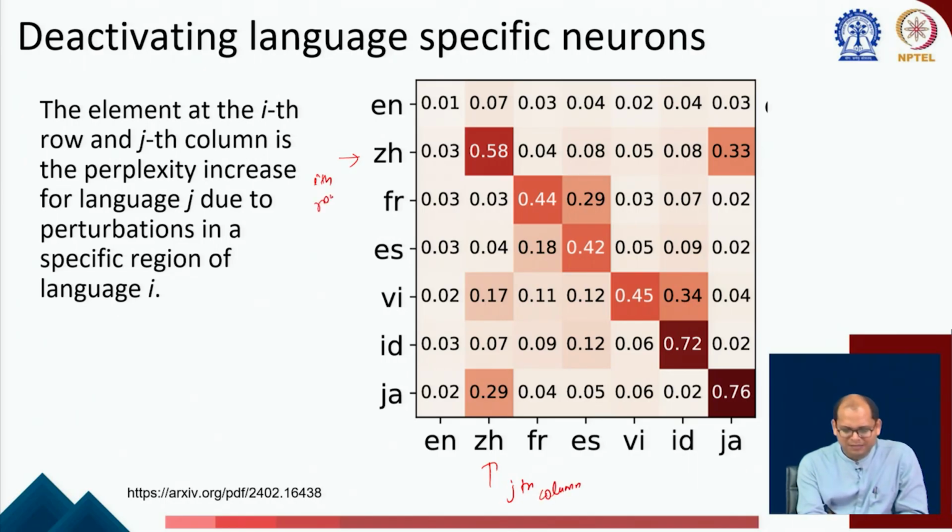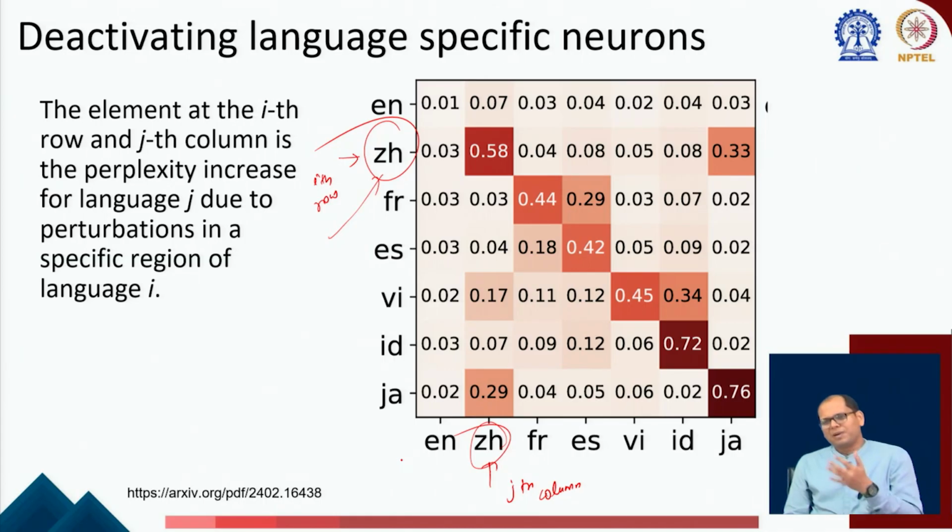And suppose I perturb the ith row and the language in the ith row. That means I'll deactivate the language specific neurons for Chinese. I deactivate Chinese neurons, whatever I identified using the LAPE score. After deactivation, I will now try on this jth column. In this case, this is also Chinese, and see what is the perplexity.